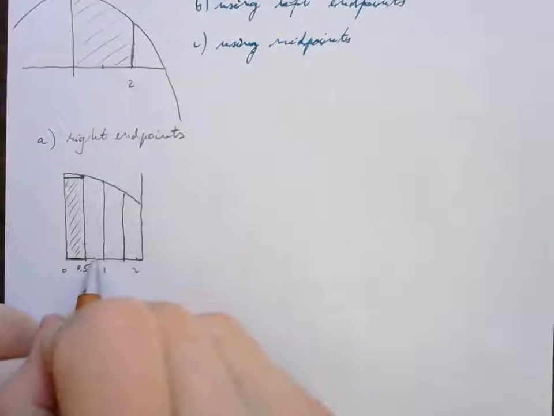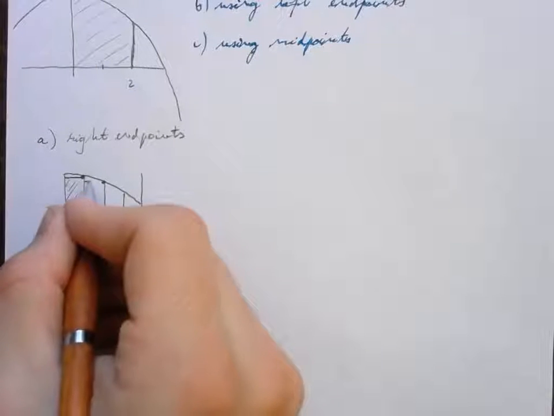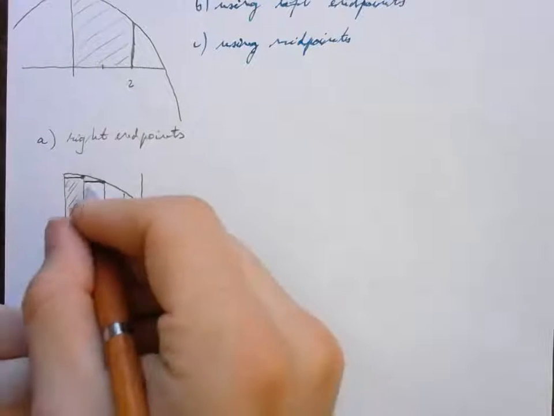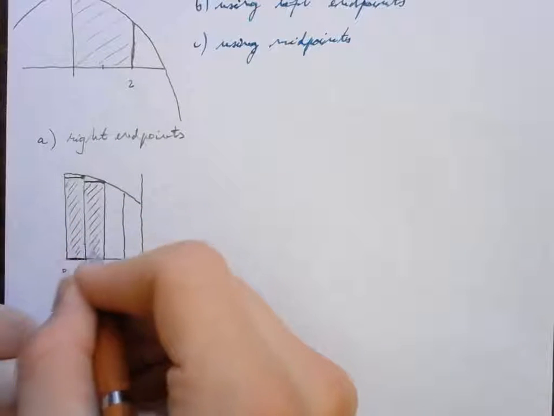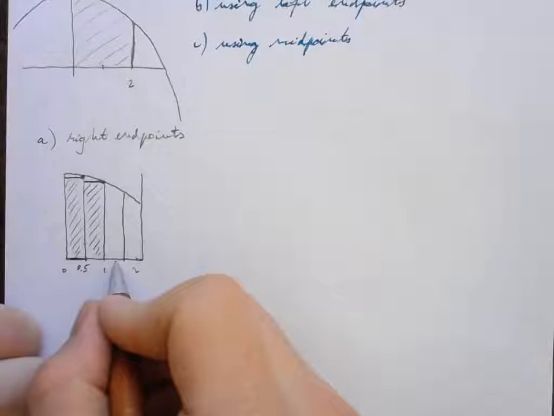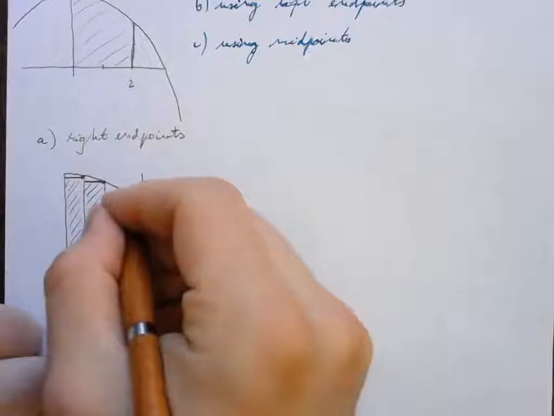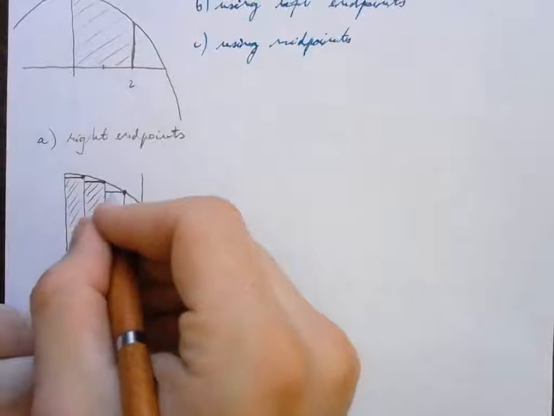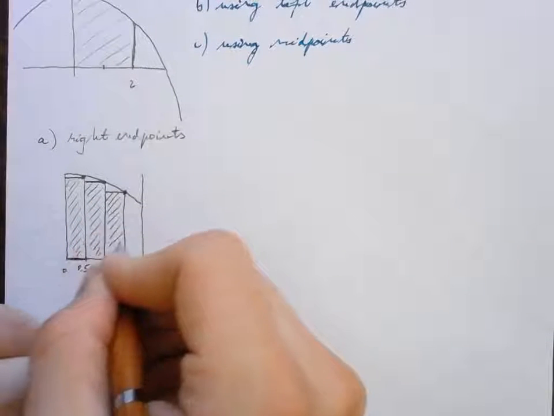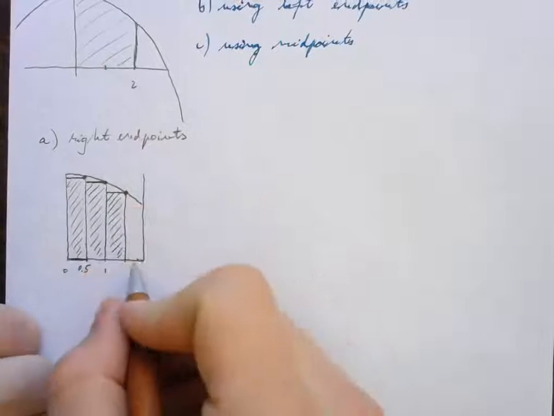In the second rectangle, I choose the right endpoint. I go up to the function that's going to determine the height of my rectangle. On this third rectangle, I choose the right endpoint. I go up to the function on the right side that determines the height of the rectangle. And on the fourth rectangle, I do the same thing.